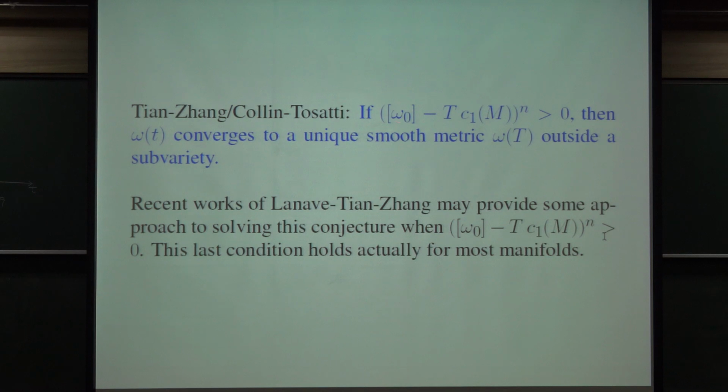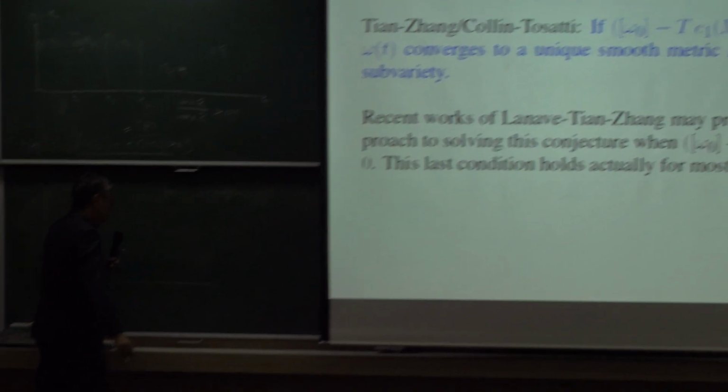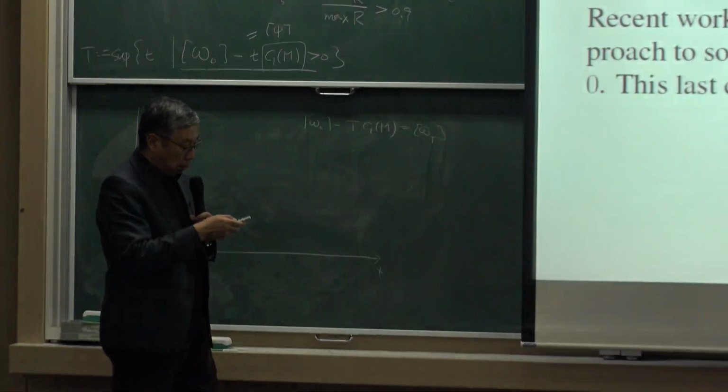Suppose this class is non-collapsing, in the sense that it is a limiting Kähler class, omega 0 minus t c1, the cohomology class of a limit, and it has positive volume.